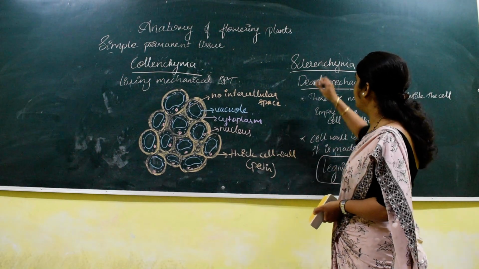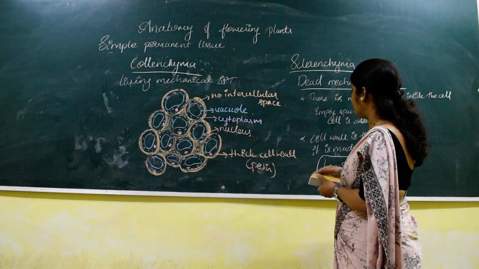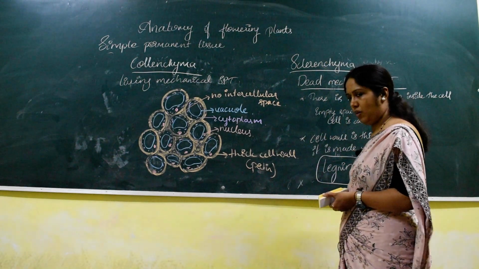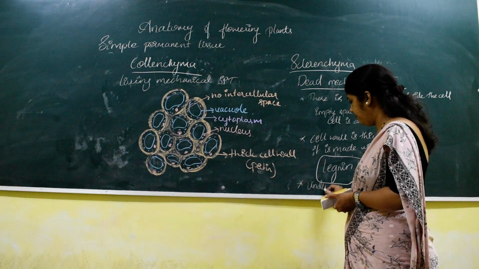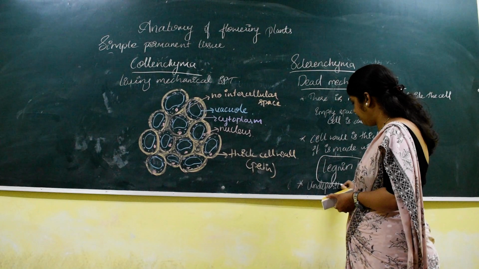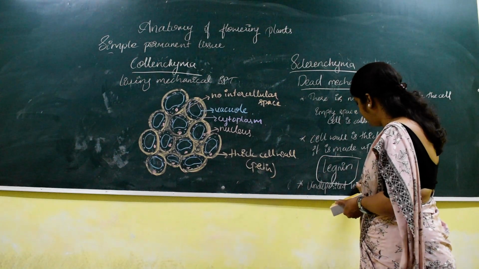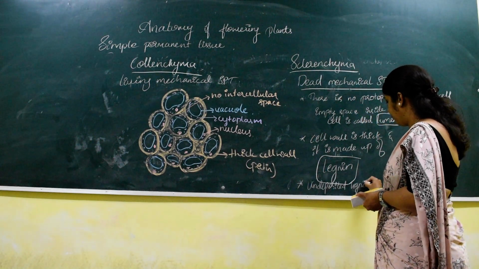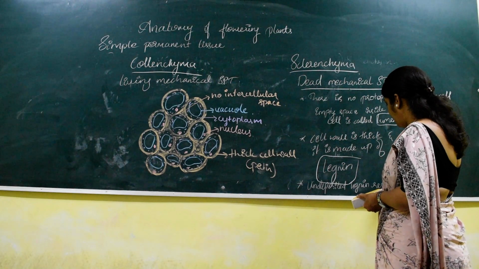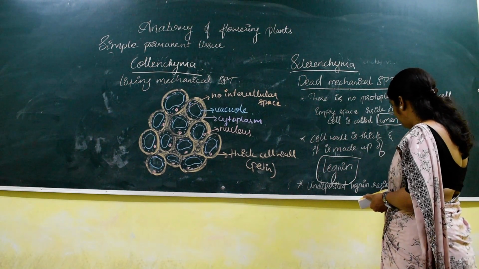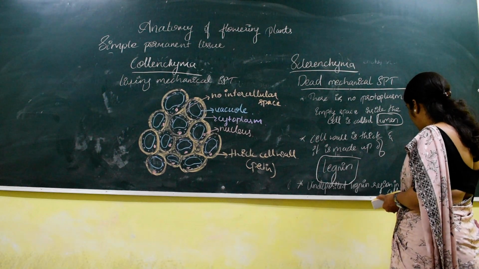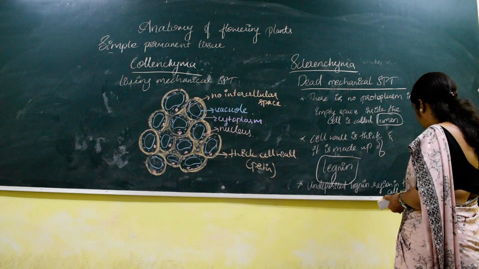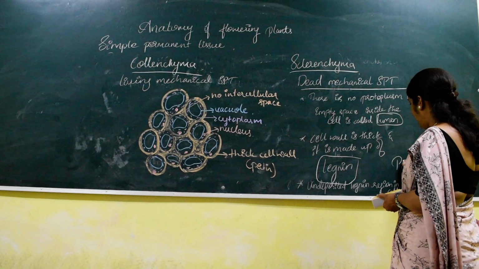Next, the undeposited areas of lignin in the cell wall are called pits. So the undeposited lignin region in the cell wall is called pits, P-I-T-S.